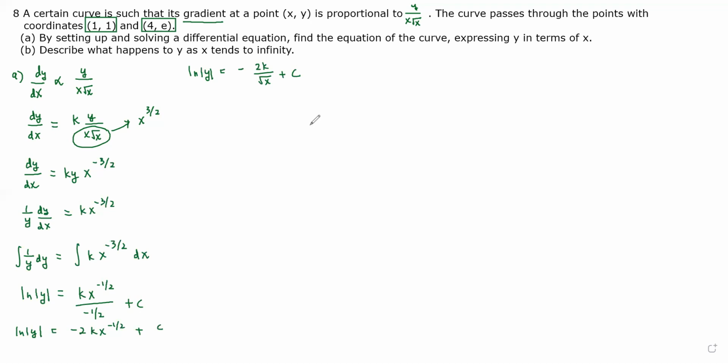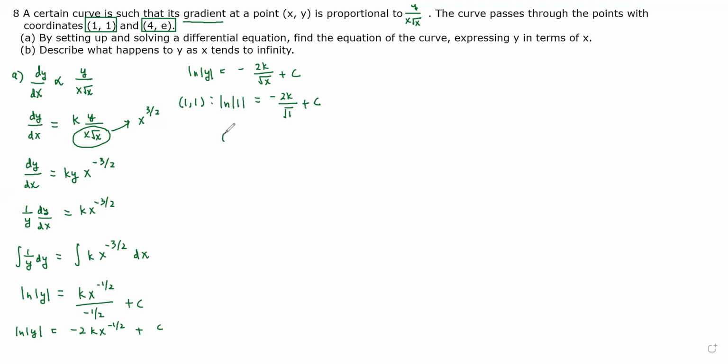We need to find the values of k and c. We are given that the curve passes through these 2 points. The first point has coordinates 1 and 1, so we replace x and y with 1, giving ln of the modulus of 1 equals negative 2k over square root of 1 plus c.